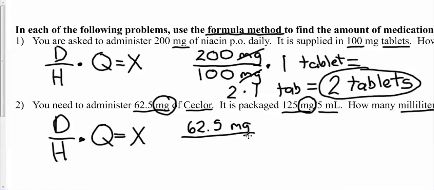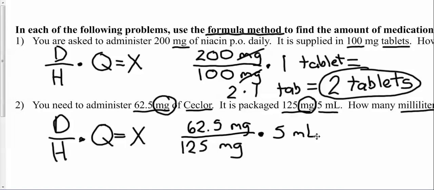And we divide that by what we have on hand, or the supply, which is 125 milligrams. And you see it's very important that they're both in milligrams, so the mg's will divide out. And we times that by the quantity that we need to get that 125 milligrams. Well, to get 125 milligrams, it said the quantity was 5 mLs.